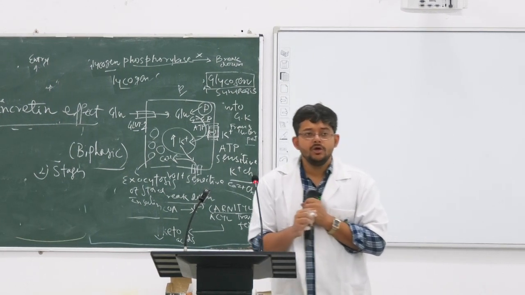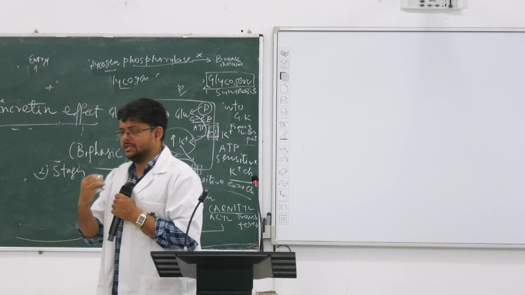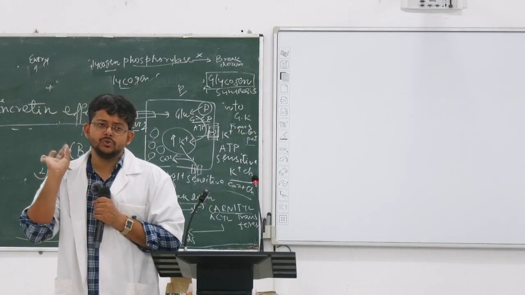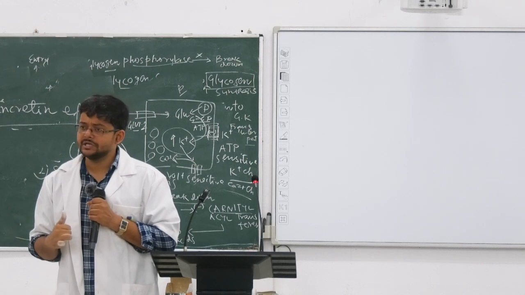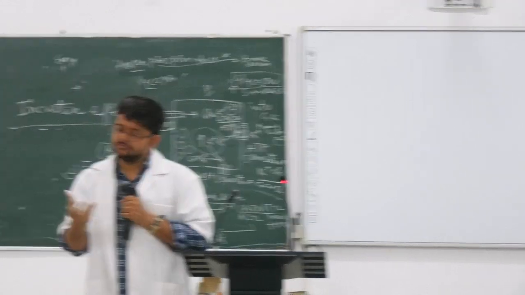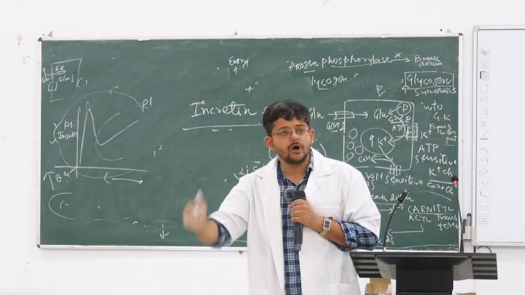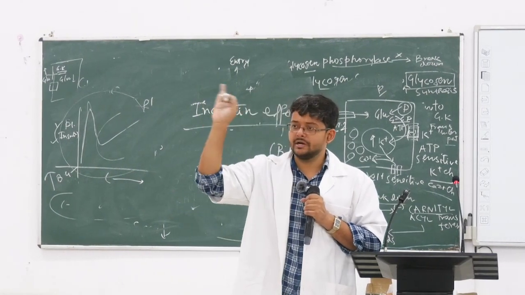How is that? Suppose you have taken something, one sweet. That sweet goes inside, and then that sweet will be absorbed. Once that sweet is absorbed, blood glucose level will go up. Understood?